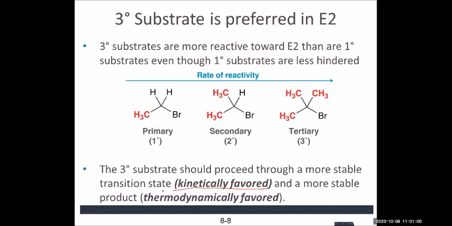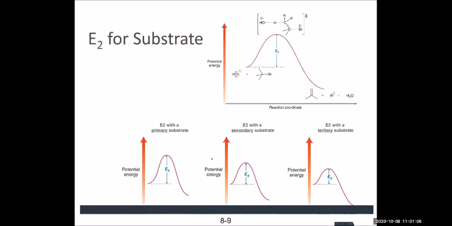It's also thermodynamically favored. That's what we find out with this reaction. So this is basically a comparison of the three different substrates, first, second, and third, and how the transition state of each compares with the others. The first one is primary.